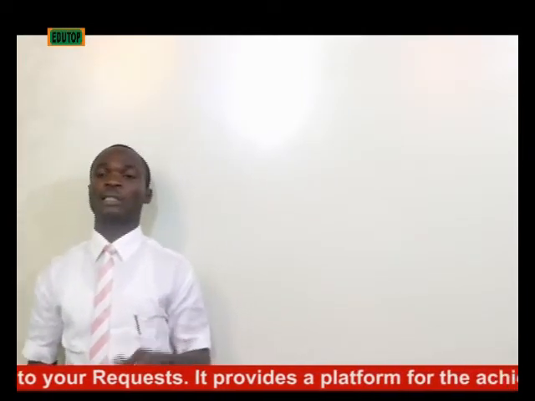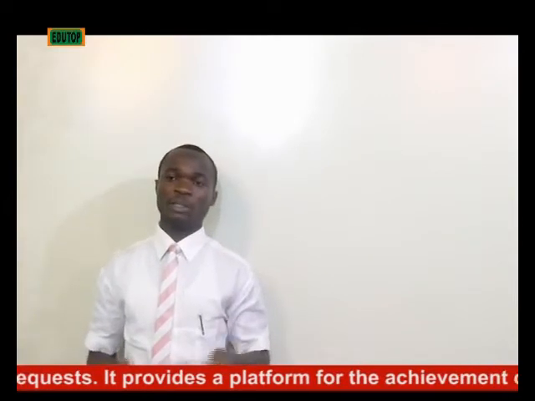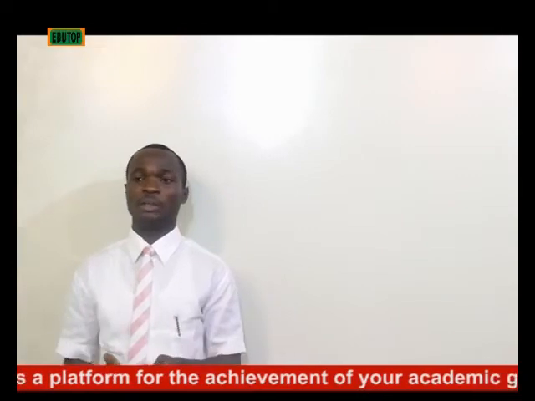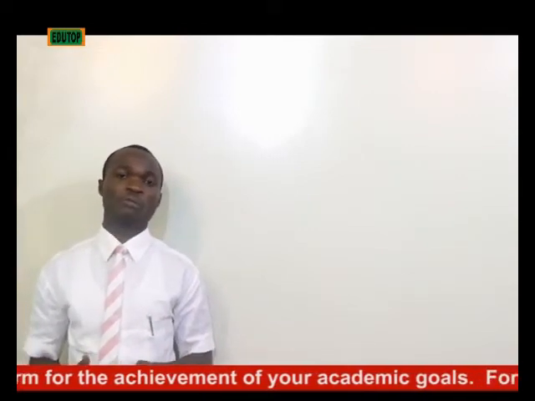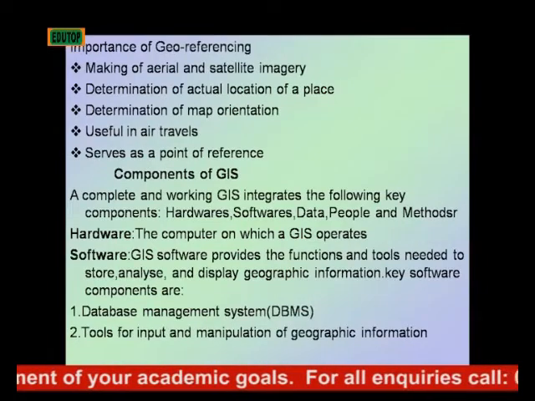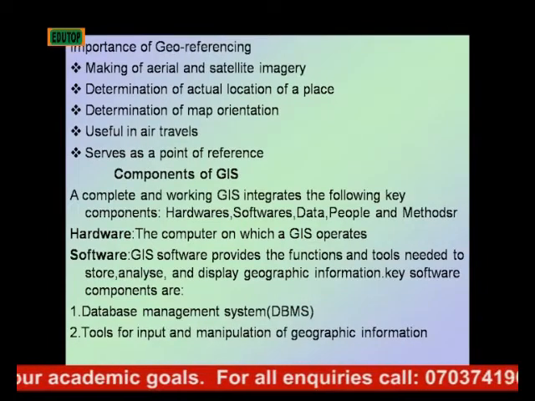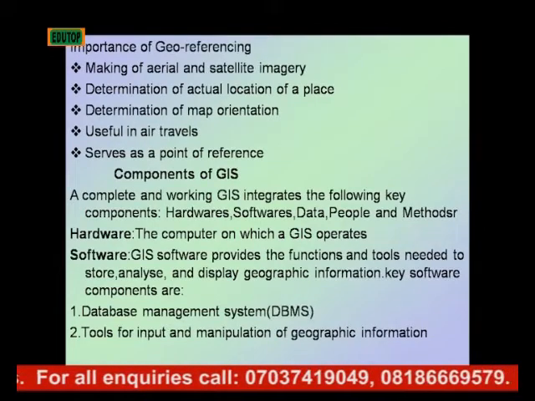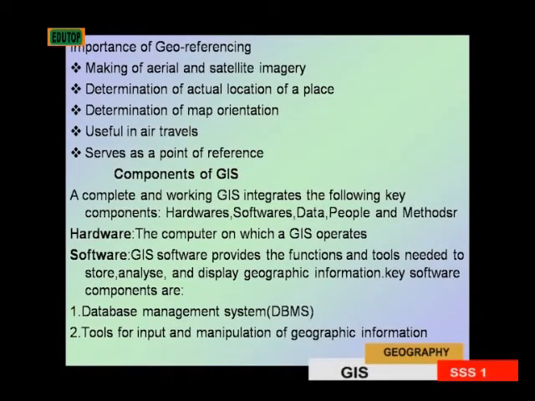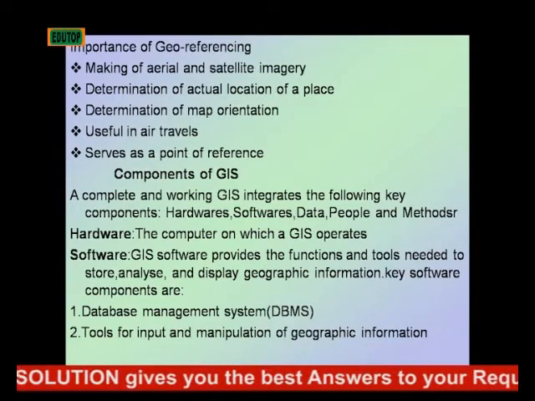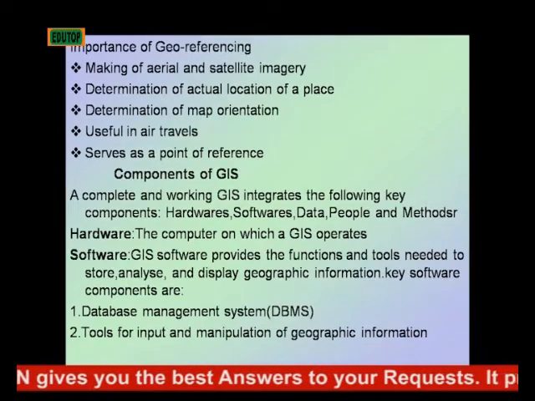So let's look at the hardware now. Hardware is the computer on which the GIS operates. The software. GIS software provides the functions and tools needed to store, analyze, and display geographic information. Key software components are: 1. Database management system, that's the DBMS. 2.